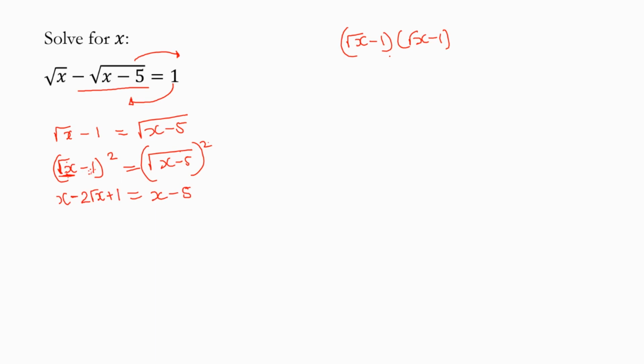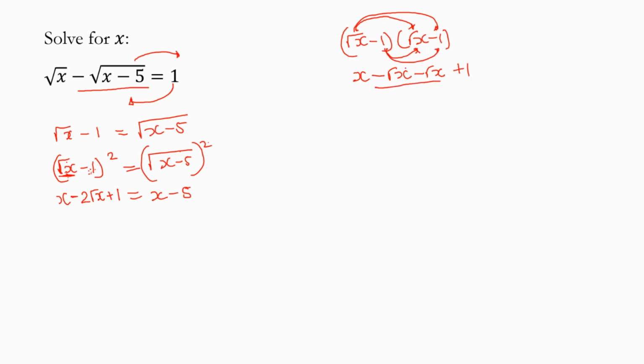Let me show you the longer method this side. Square root of x times square root of x, that is x. Square root of x times negative 1, that's negative root x. Then negative 1 times square root of x, that is negative root x. Then negative 1 times negative 1, that is positive 1. And then negative root x minus root x.